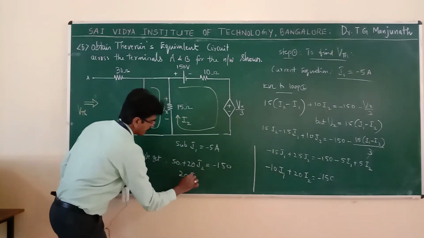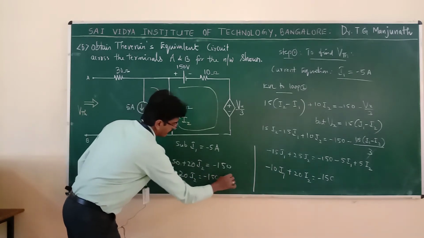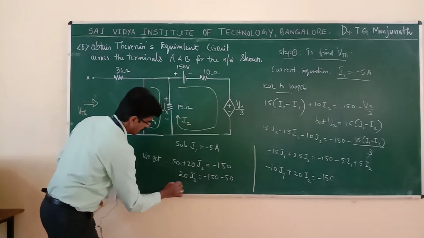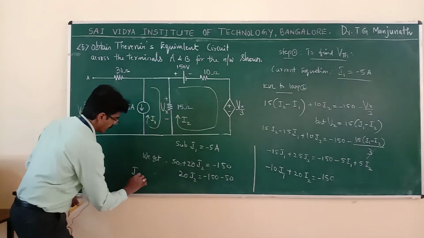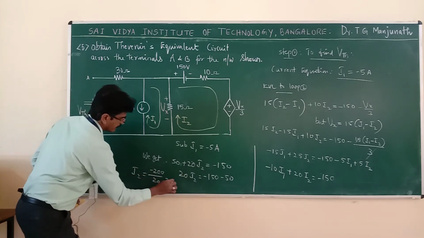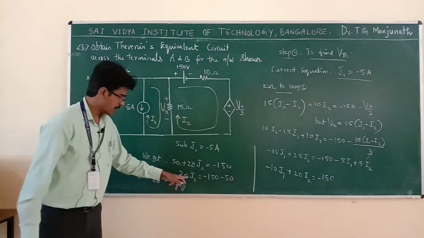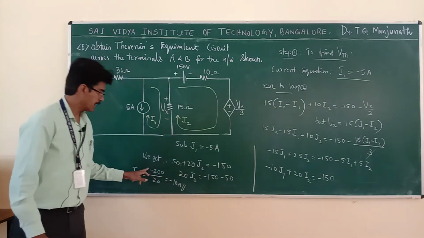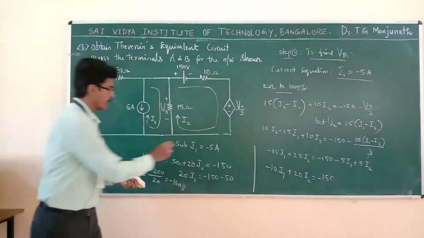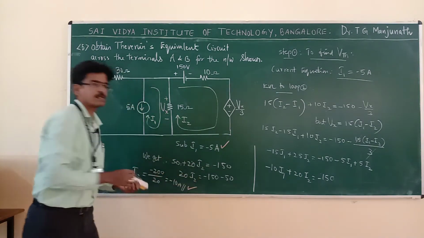Therefore 20 I2 is equal to minus 150 minus 50, so I2 is equal to minus 200 by 20, which gives minus 10 ampere. Now you got I1 equal to minus 5 ampere, I2 equal to minus 10 ampere.